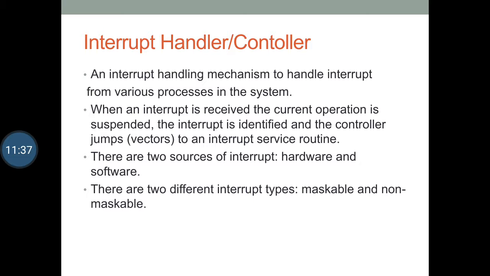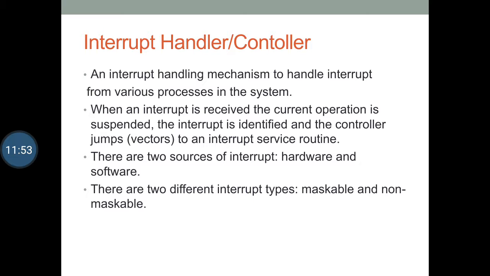There are two sources of interrupt, hardware and software. Hardware interrupts include a signal to a pin, timer overflow, and serial port. Software interrupts are commands given by the programmer.